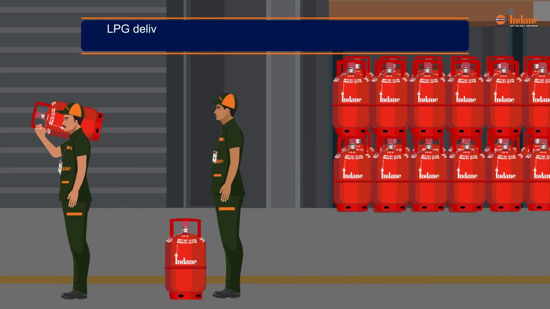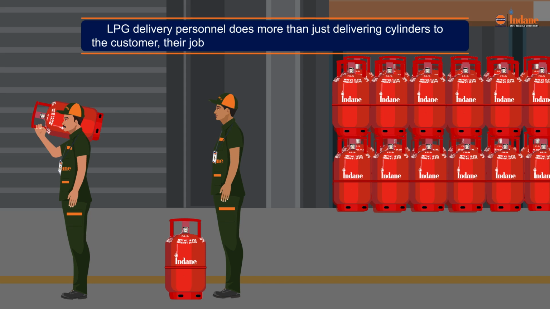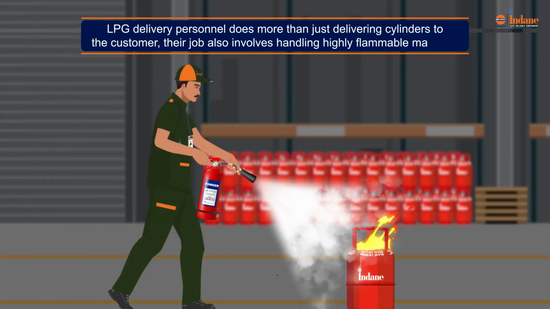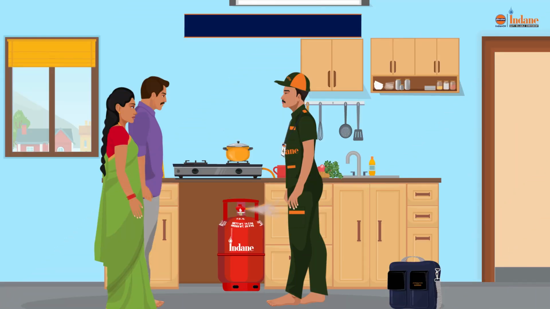An LPG delivery personnel does more than just delivering cylinders to the customer. Their job also involves handling highly flammable materials, which can pose a significant risk if not handled with care. LPG is a highly flammable gas.